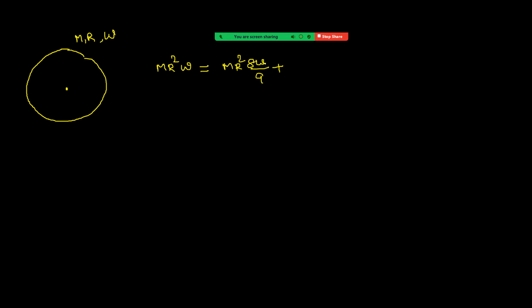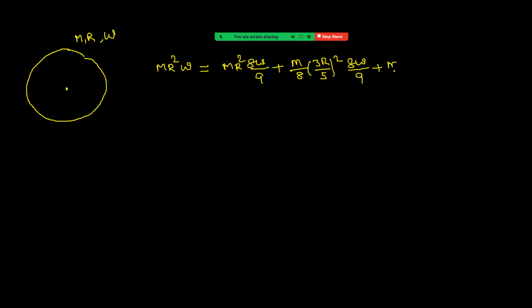Next, given 1 point mass is at a distance 3r by 5 and the mass is m by 8. This gives the moment of inertia of that point mass, into the given omega value, that is 8 omega by 9.